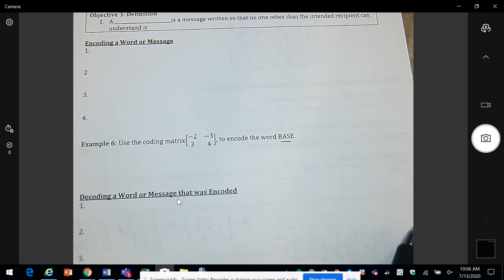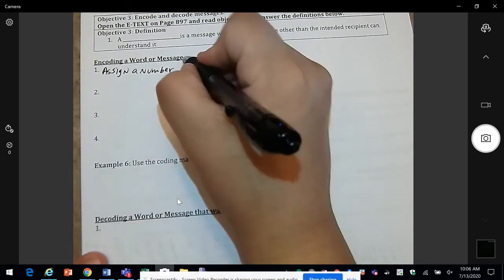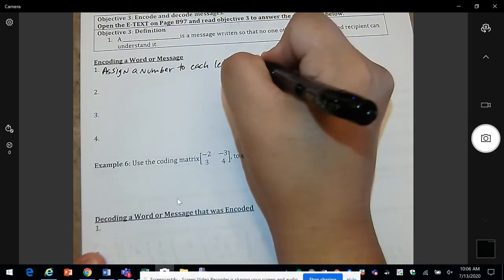So to encode a word or a message, the first thing you want to do is assign a number to each letter in the alphabet.